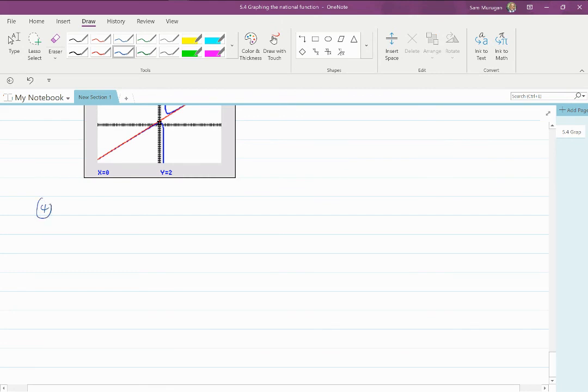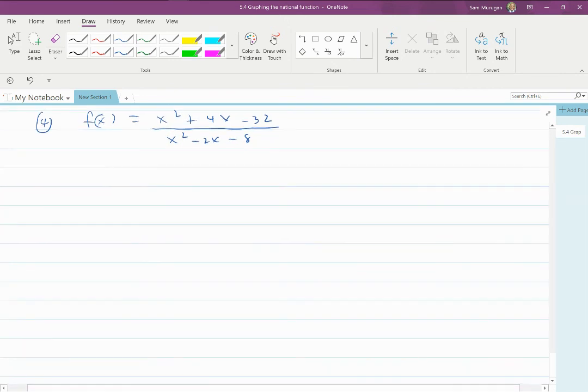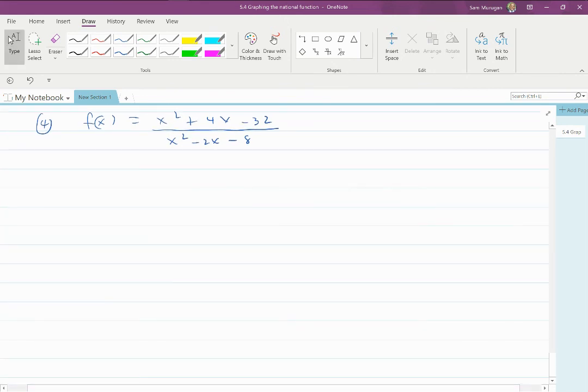Question 4. So f of x is equal to x squared plus 4x minus 32 over x squared minus 2x minus 8. So step 1, we factor everything.